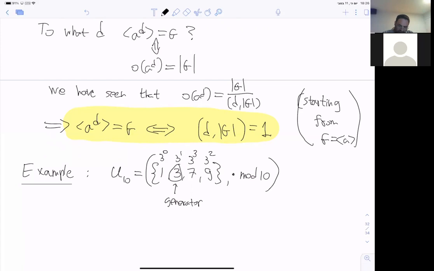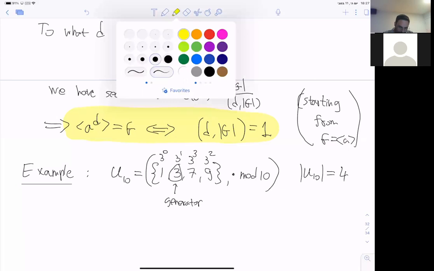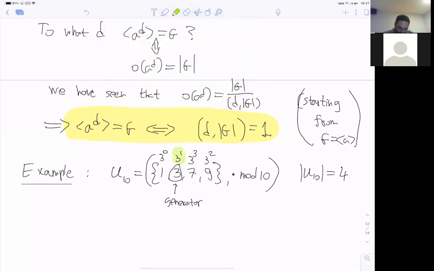By the way, I remind you, and you can see it, that the order of U10 is 4. So if 3 is the generator, what can be another generator?